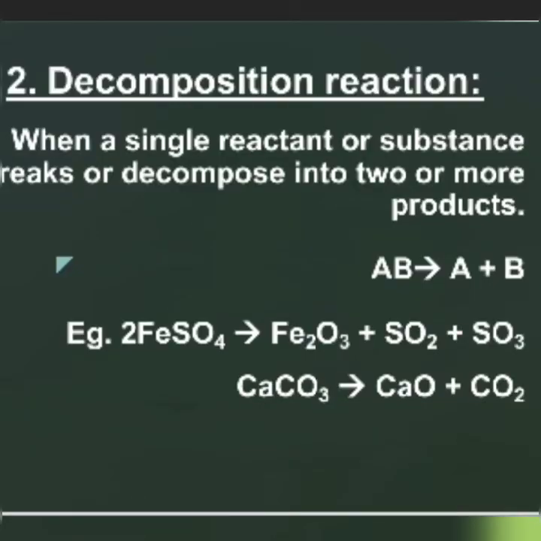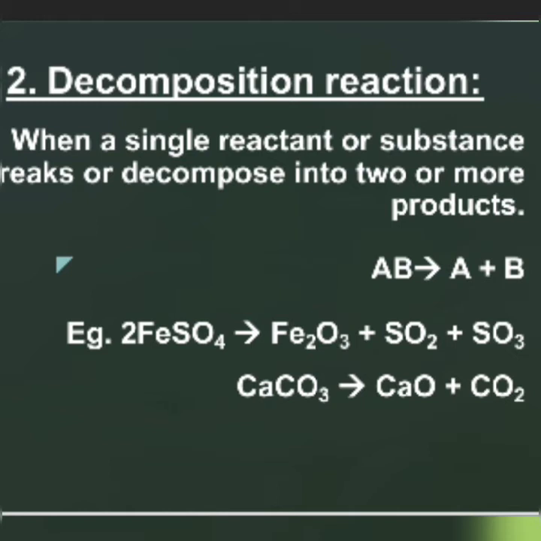Second type of reaction is decomposition reaction. First was combination reaction. Second type of reaction is decomposition reaction. And this is basically the opposite of combination reaction. Now, what happens in this reaction is when a single reactant or substance breaks or decomposes into two or more products. This type of reaction is known as decomposition reaction.